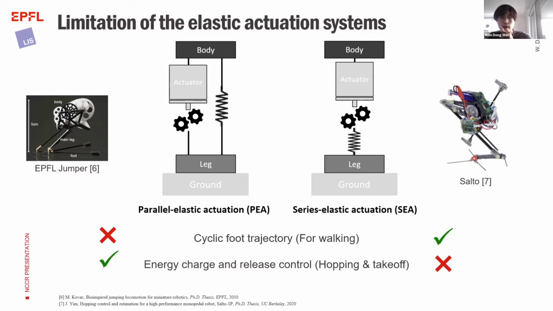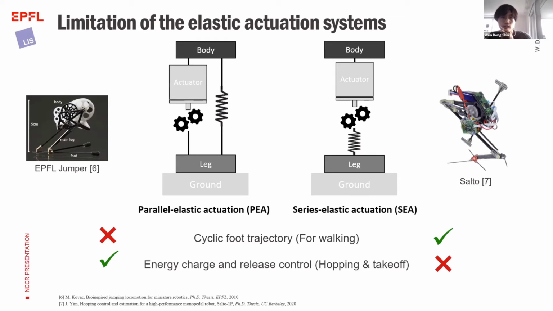And by releasing the energy late, you can store more energy and release more energy. But the connection break does not allow PEA to generate a cyclic foot trajectory, which is required for walking. It can only generate a catapult-like motion. It's storing energy and shooting the leg, just like a catapult.